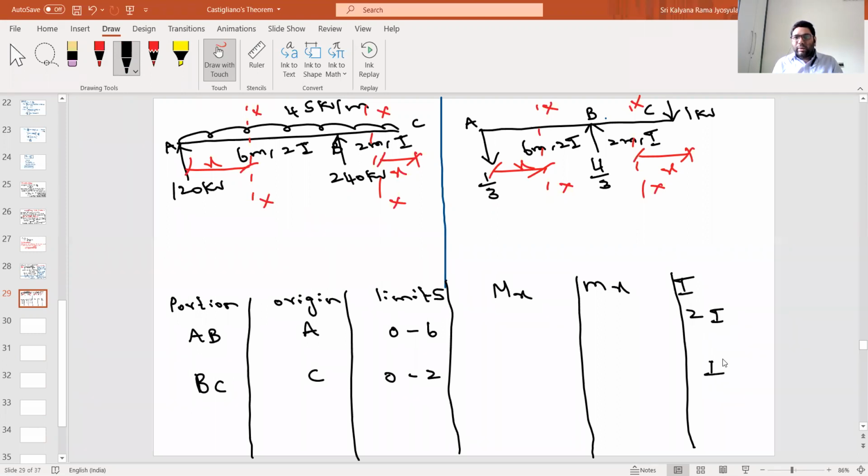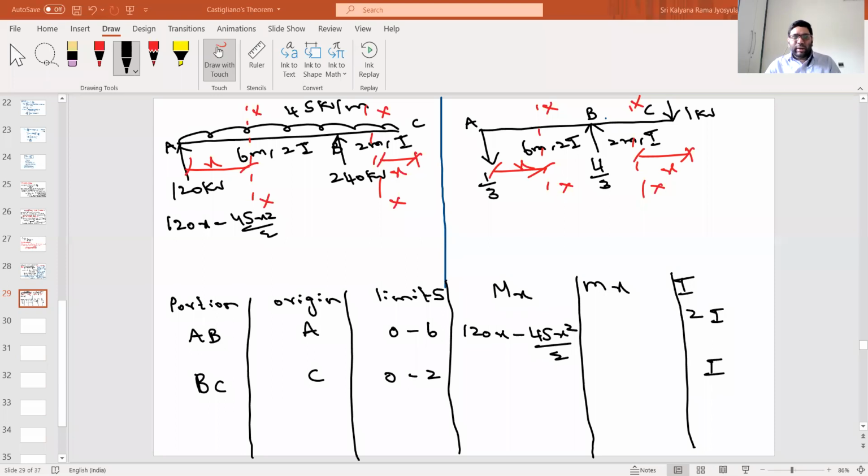So this is 2I, this is I. What is the moment? Capital MX is RA into X, 120 into X minus 45x square by 2.